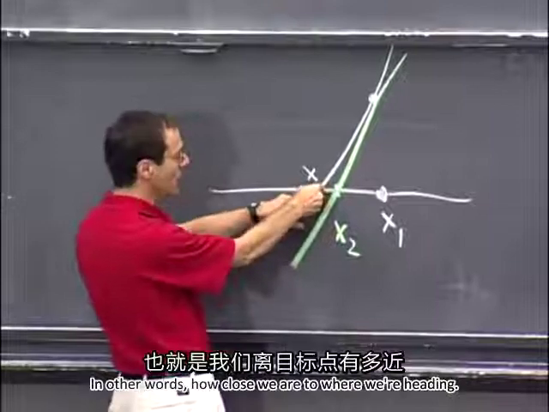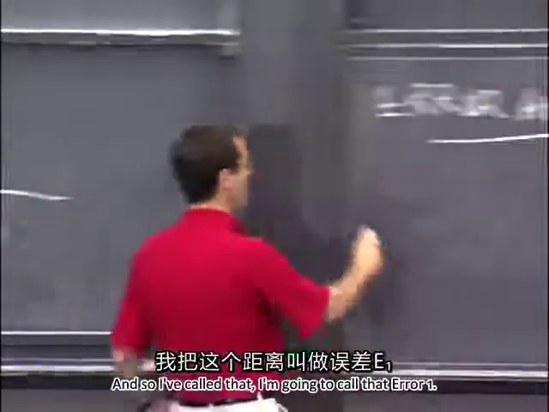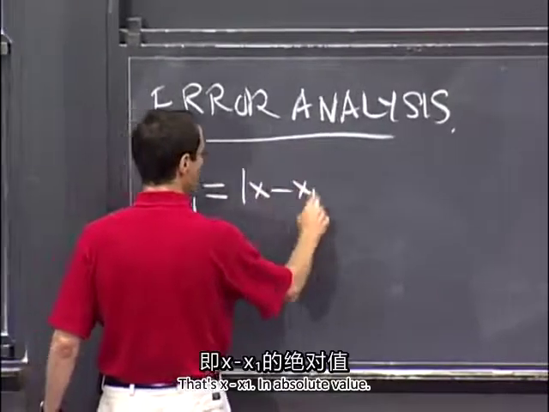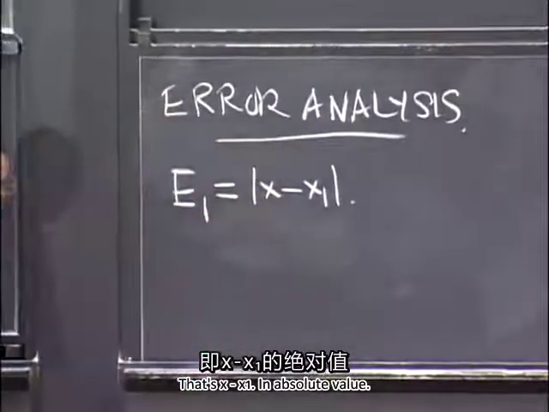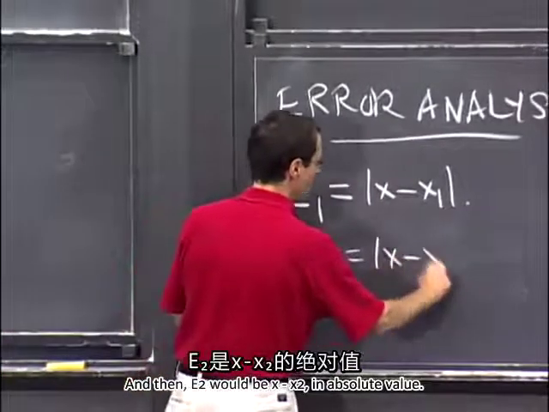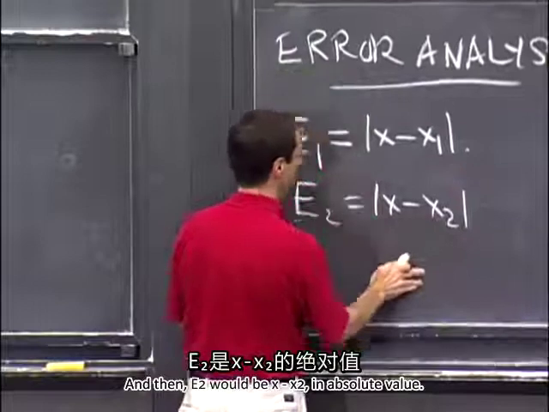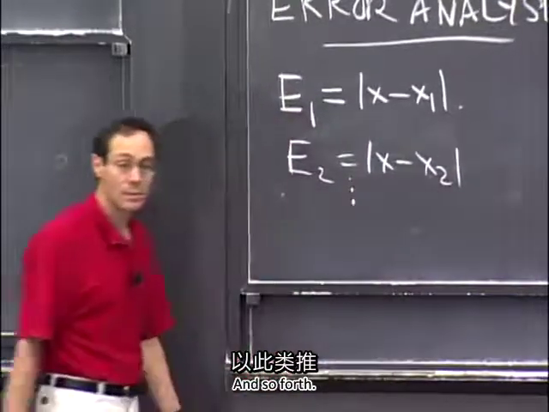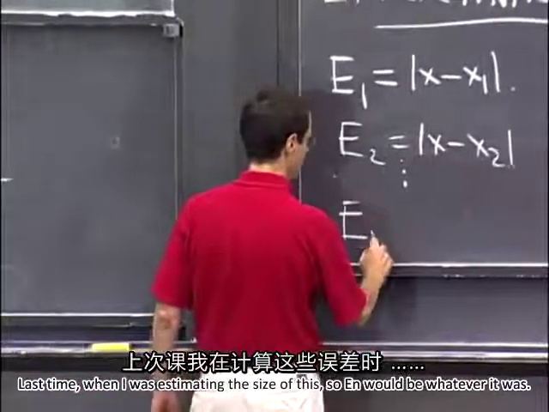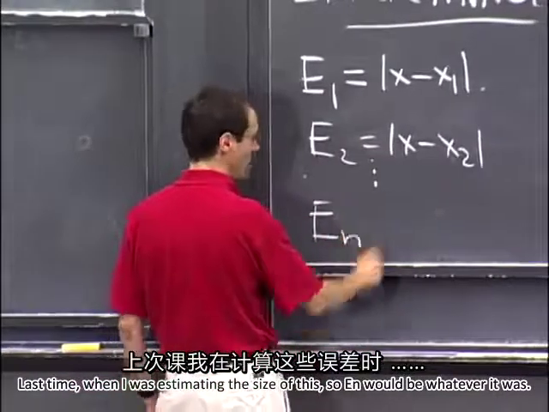In other words, how close we are to where we're heading. And so I'm going to call that error 1. That's x minus x1 in absolute value. And then E2 would be x minus x2 in absolute value, and so forth. And last time when I was estimating the size of this, En would be whatever it was.